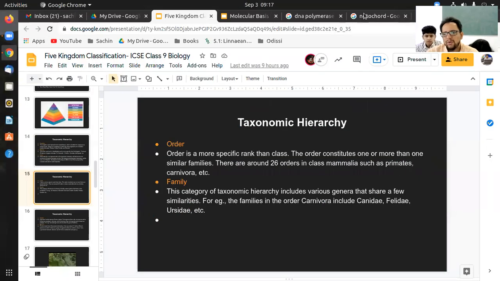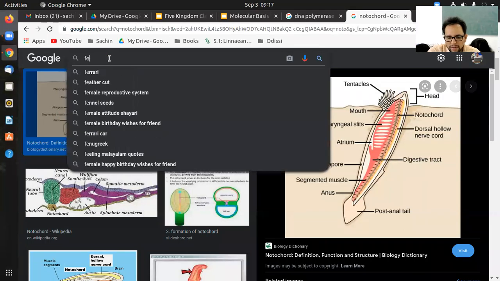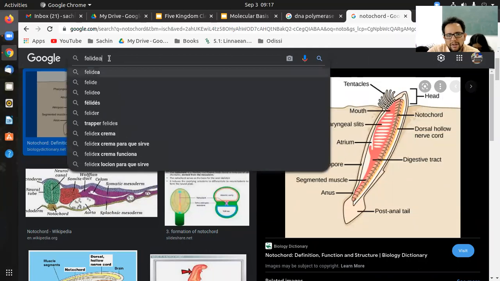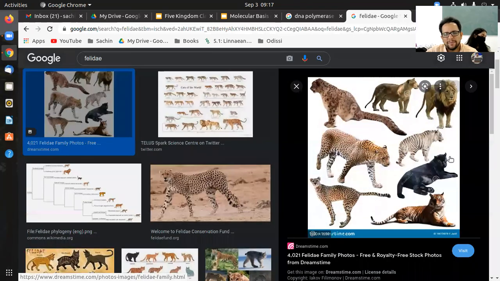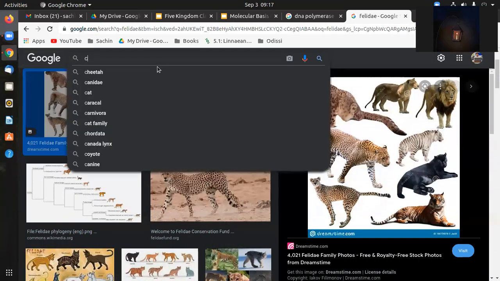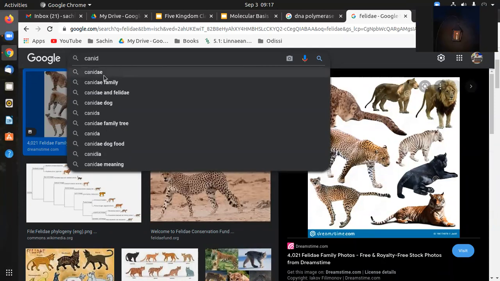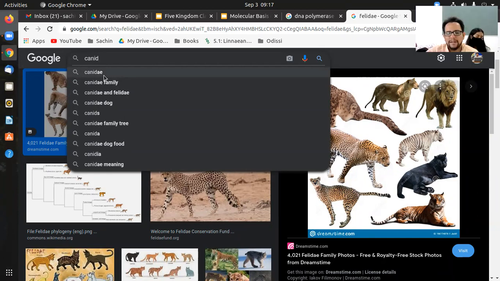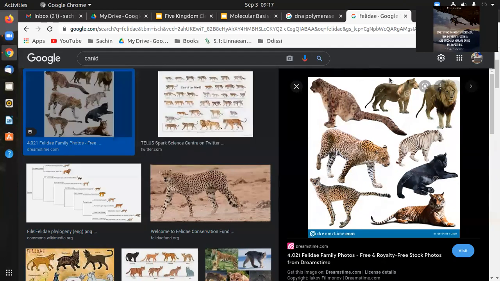I will show you. So you can see these are all the Felidae family. Like we say feline, right? That's the commonly used word. So like all the cat, the cat's family. Yes, correct.